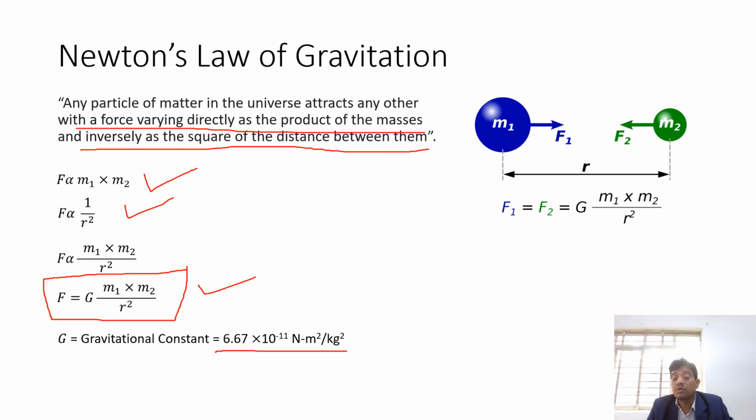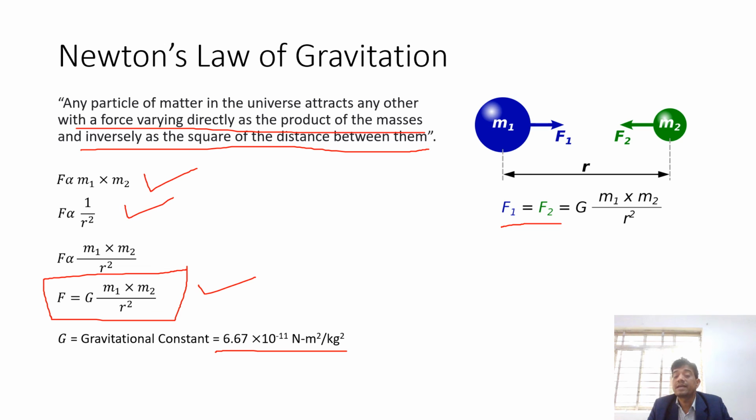Suppose the first body is exerting force F1 on the second body, and the second body is exerting force F2 on the first body. These two forces, F1 and F2, must be the same, just like action and reaction. They are equal in magnitude and opposite in direction, right? The force on M1 is the same as the force on M2.